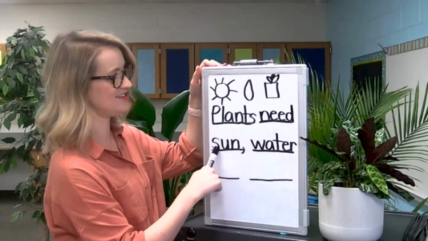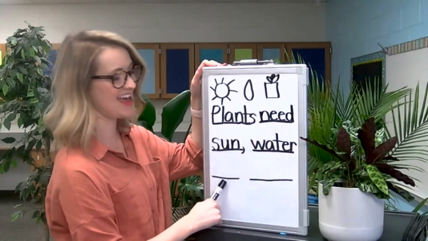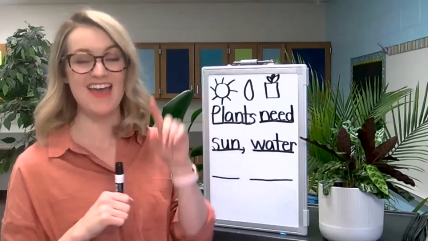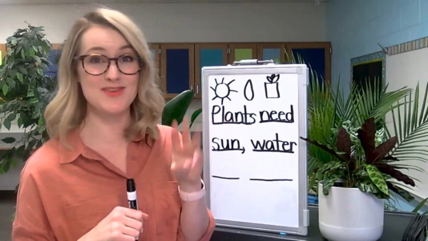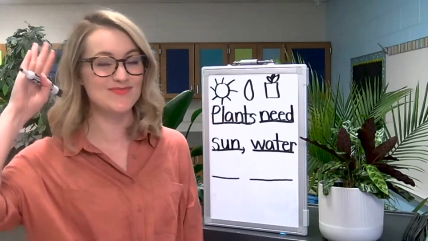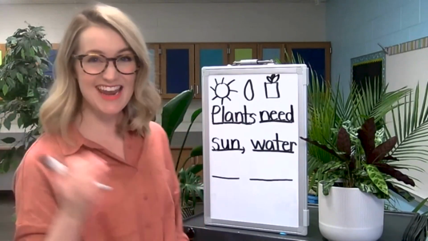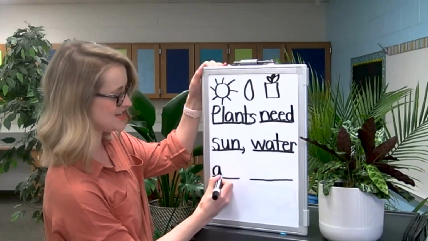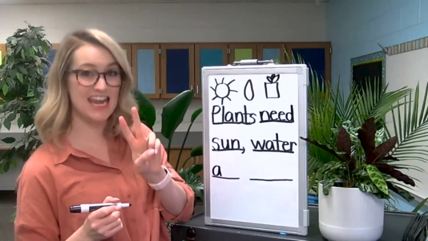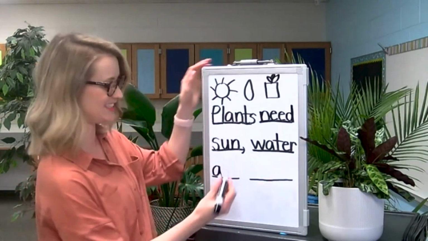Plants need sun, water, and let's stretch it out. And. What sound do you hear at the beginning of the word and? An A, good. Start in the middle, around like a C, go up and down. We hear an N next.